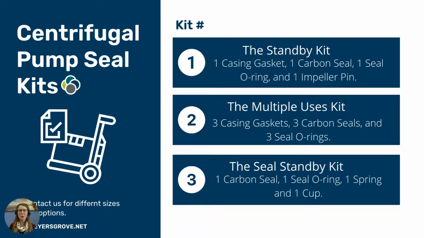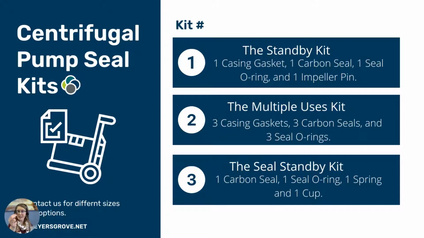Now, kit number 2, you could use it for multiple uses, or if you have multiple size pumps of the same pump. That is going to include 3 of your casing O-rings, which you see here. It's going to include 3 carbon seals. And then lastly, 3 seal O-rings.